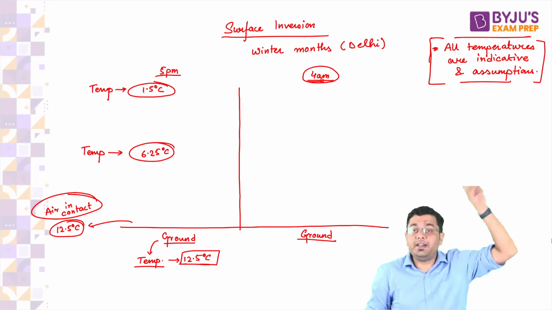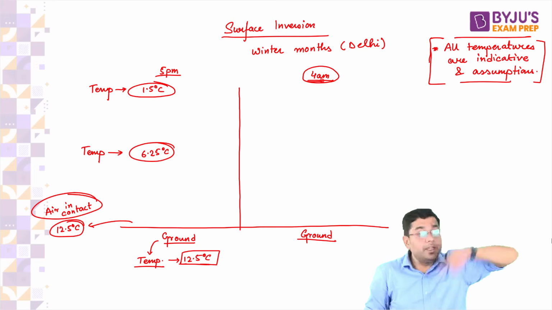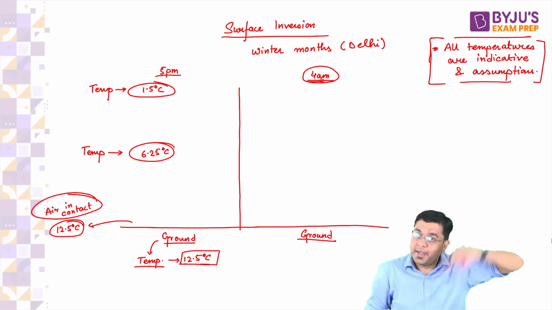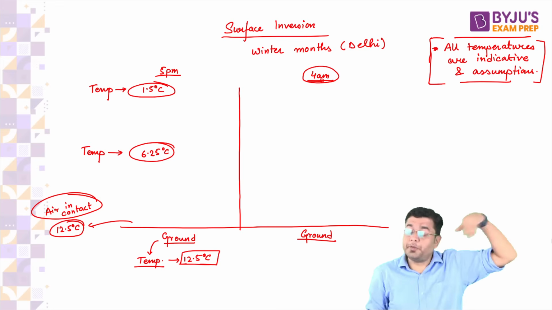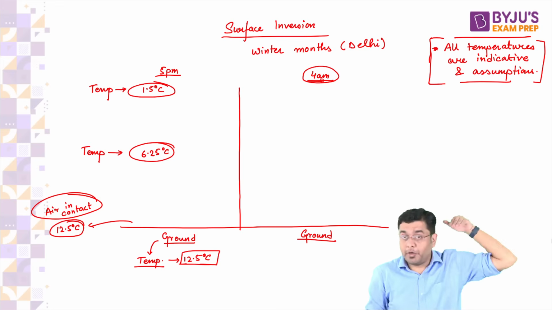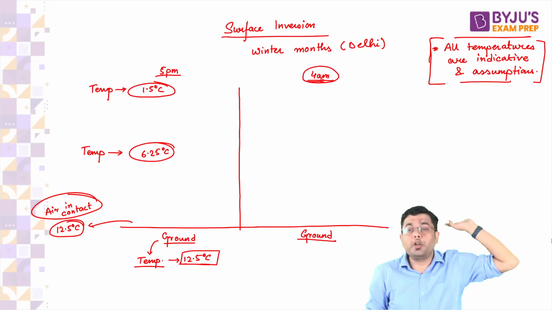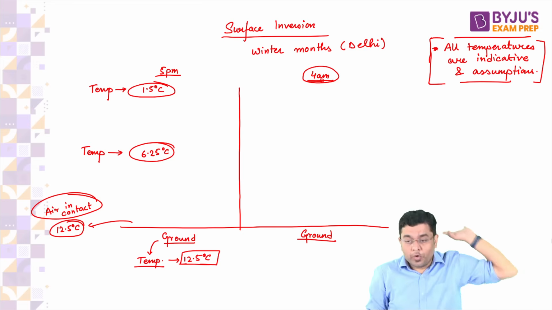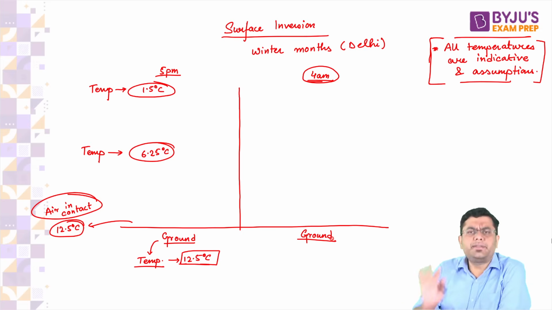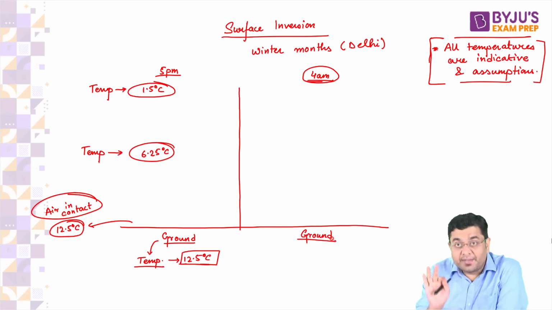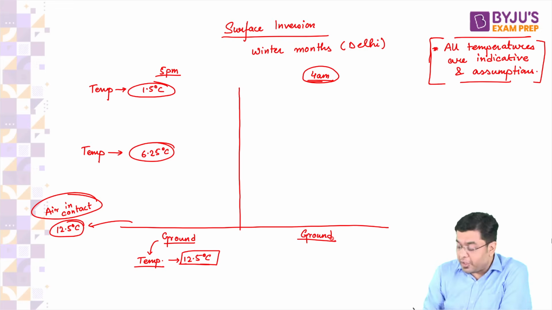When the ground loses heat, that terrestrial radiation is not trapped by the troposphere, it escapes. Some of that is trapped in the higher extent of the troposphere, some of that in the higher extent of the stratosphere, but majority of it escapes. Okay, so here in the ground, let's take an example that the ground surface at 4 a.m. will become very, very cold.